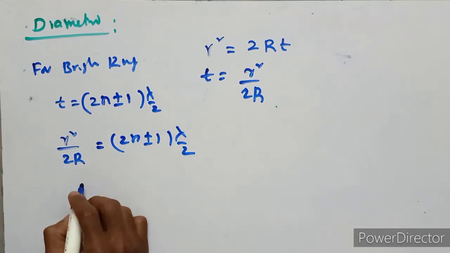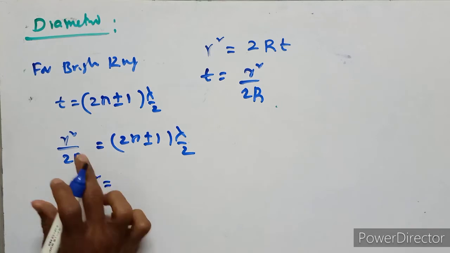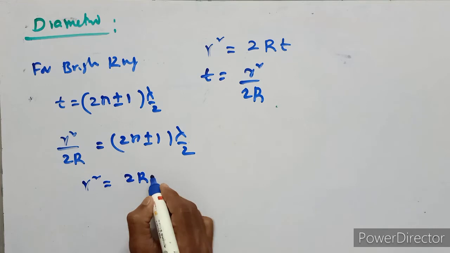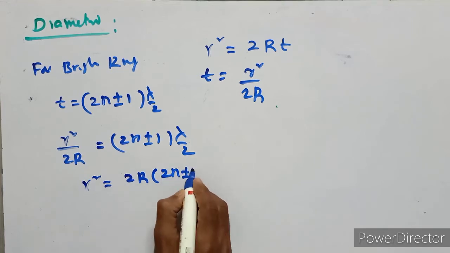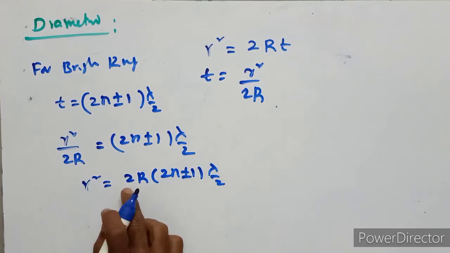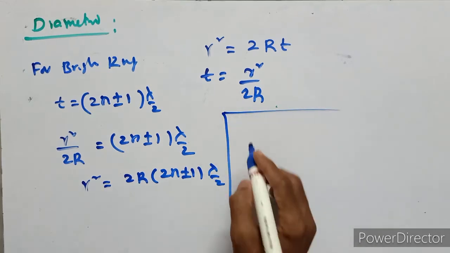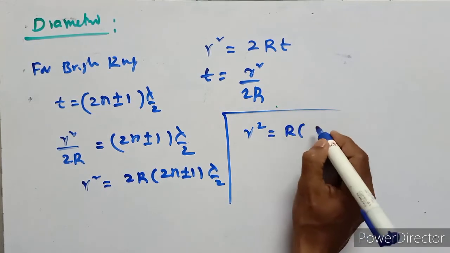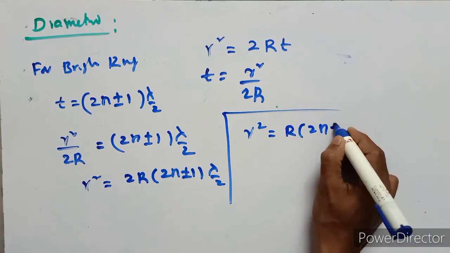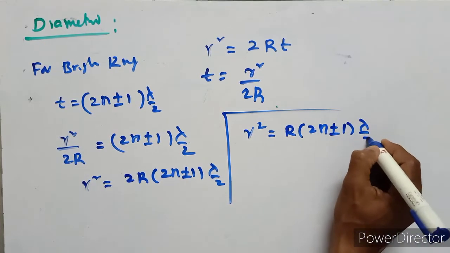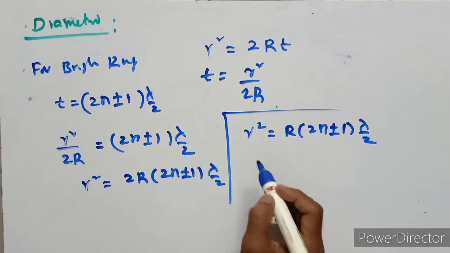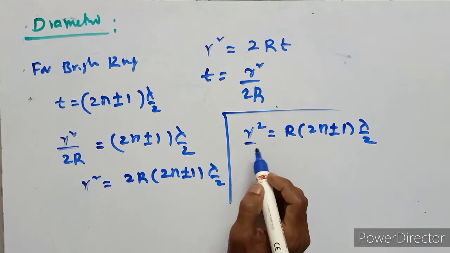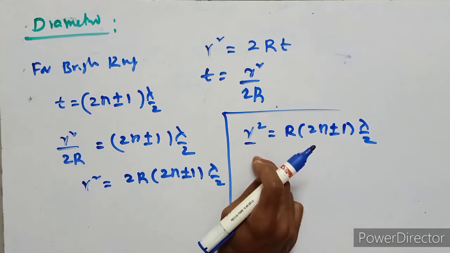Then r square is equal to 2R into (2n minus 1) lambda upon 2. The 2 cancels, remaining r square is equal to R (2n minus 1) lambda upon 2. Here r is the radius of the ring.